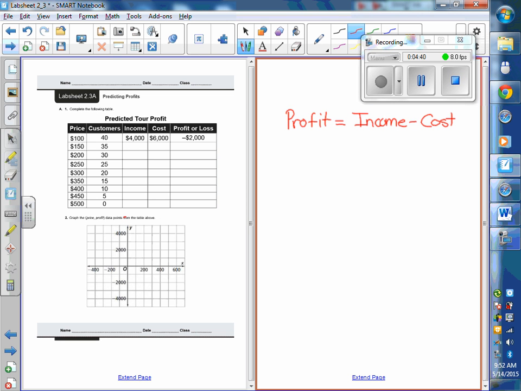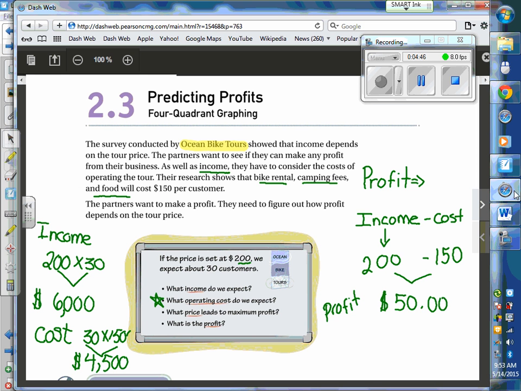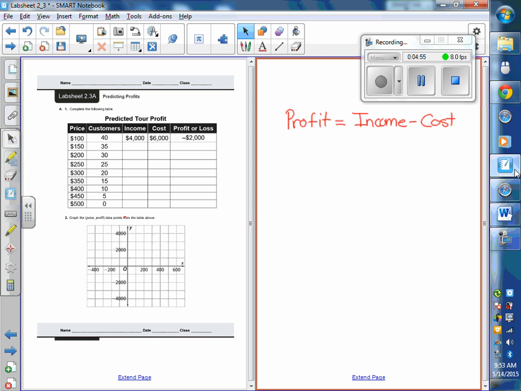So going back to that page, in case you don't remember, the income on the left here was $6,000 and the cost was $4,500. So we're going to take $6,000 and subtract $4,500. So when we do that, we line up our numbers here.